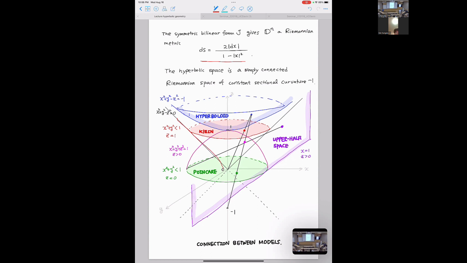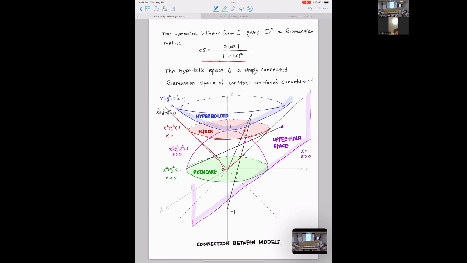This cone is the null cone, corresponding to zero norm, and the inside of the cone corresponds to the space of all negative vectors. By projectivization, using the affine chart x3 equal to 1, you can see the Klein model like this.